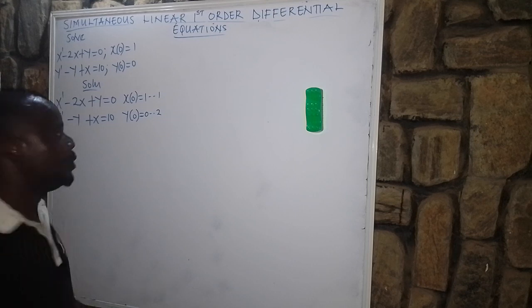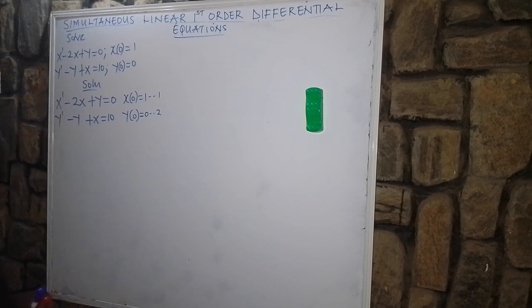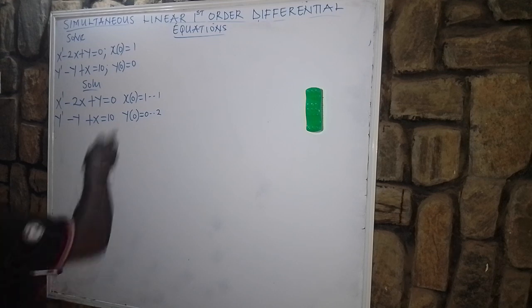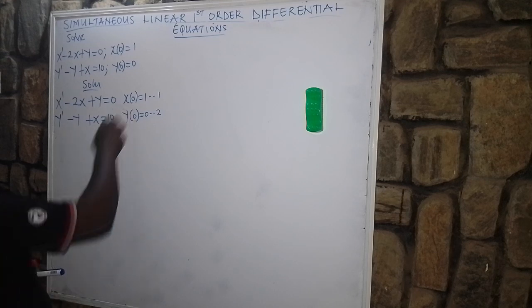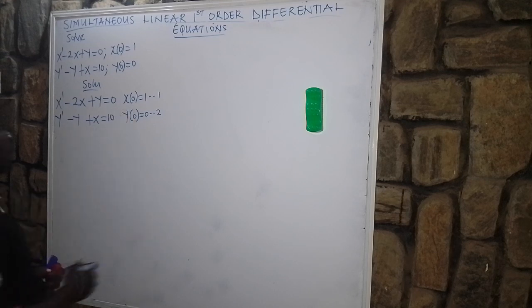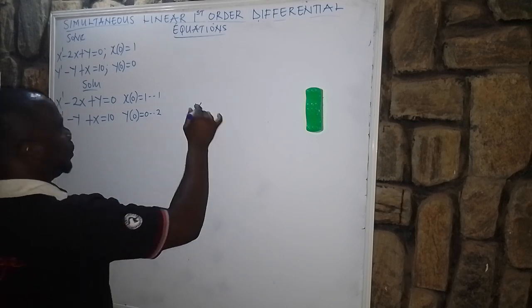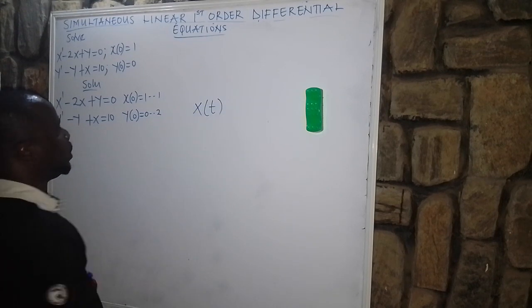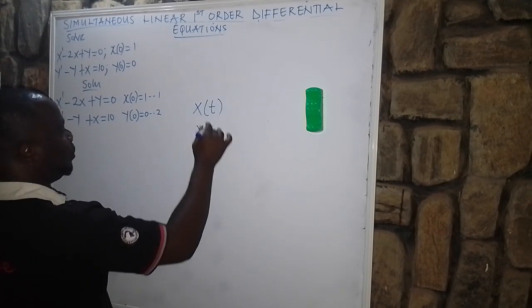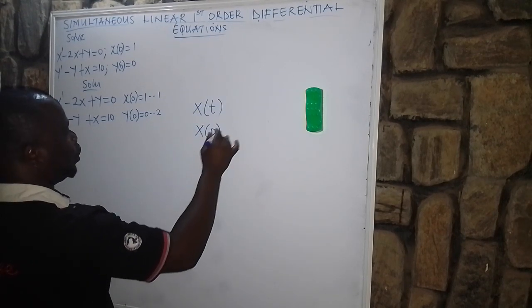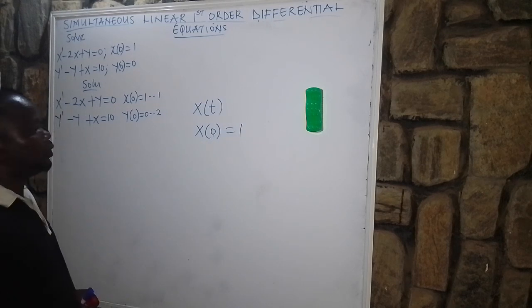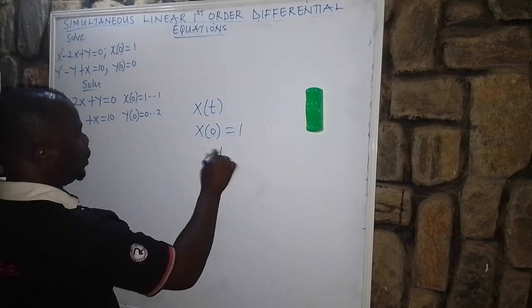It's not difficult. Let me open your eyes. We call these initial value conditions. This is the same thing as x of t. So if we have x of 0 equals 1, it means your t is 0.